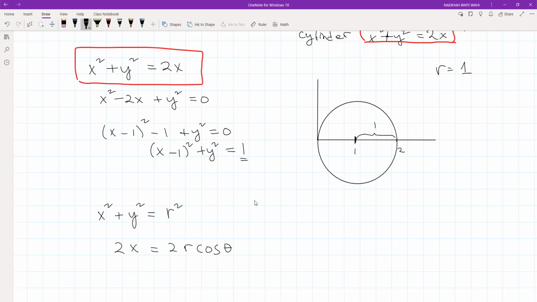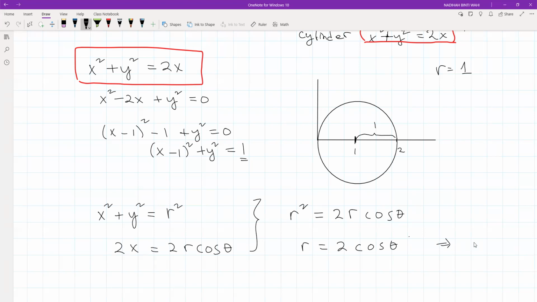Okay, so kalau saya gabungkan dia punya ni, so r squared equals to 2r cosine theta. So therefore r becomes 2 cosine theta.